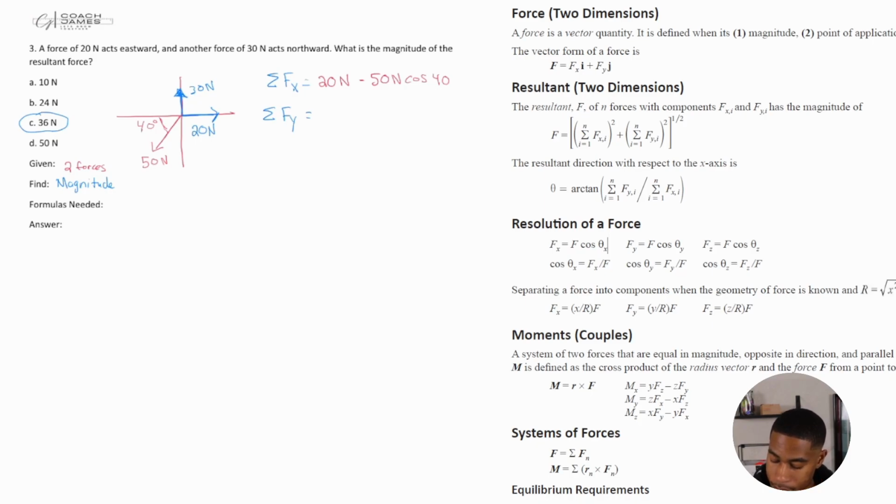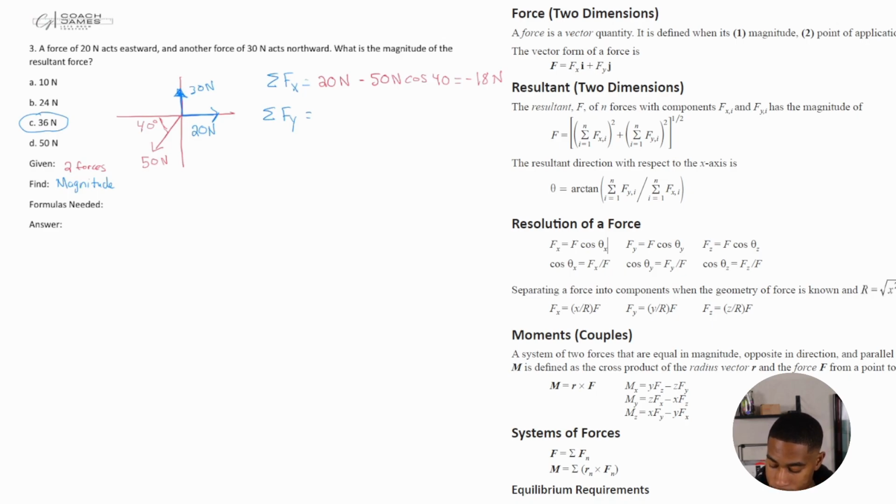That's going to give us a negative 18.3 newtons, but I was running out of room, so I just said negative 18 newtons.